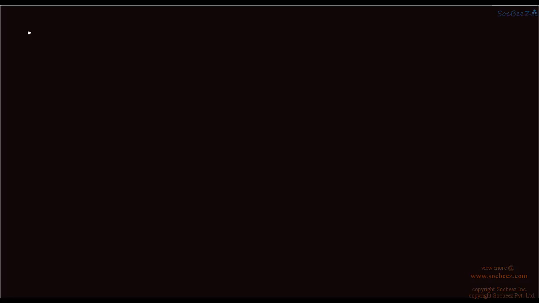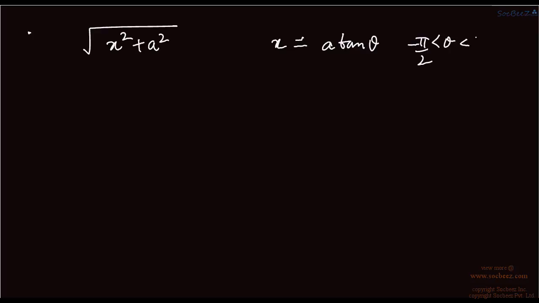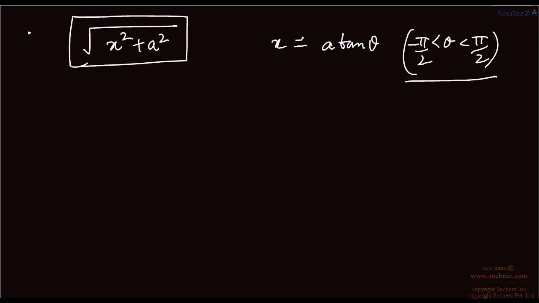I'm going to tell you. First is root of x square plus a square. Always substitute x is equal to a tan theta, where theta is between minus pi by 2 and plus pi by 2. This is the domain for theta. If you ever get this expression, then just substitute x is equal to a tan theta.